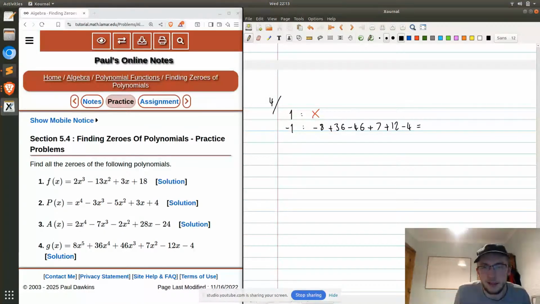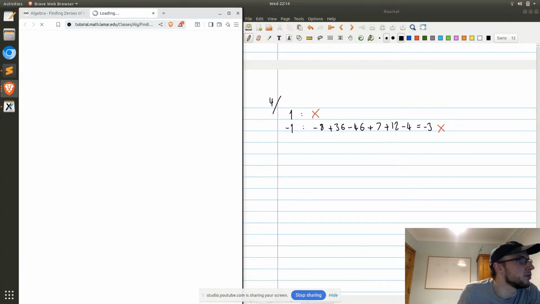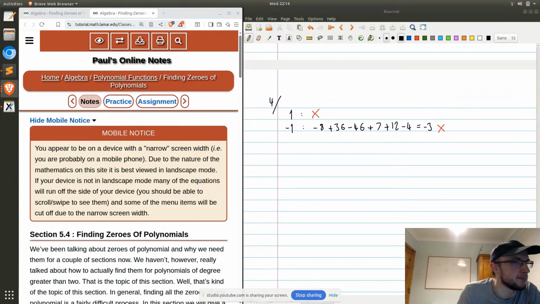And we get minus 10 minus 18 minus 18 plus 19 is 1, and 1 minus 4 is minus 3. So unfortunately, that's a no. So if 1 and minus 1 don't work, I need to read.